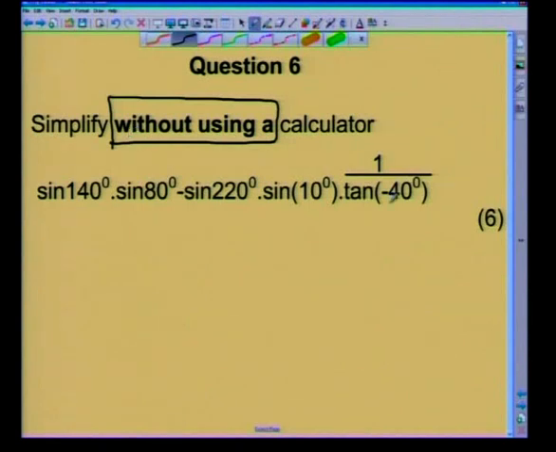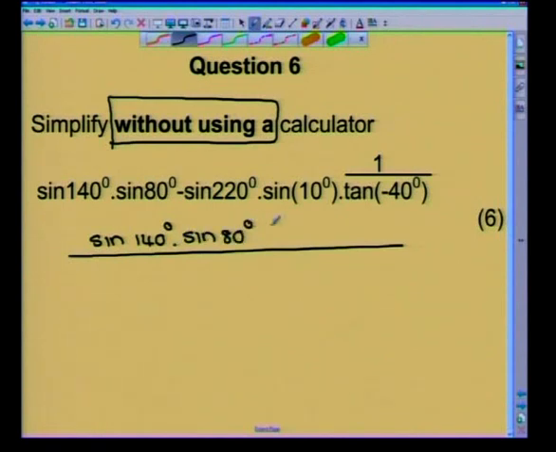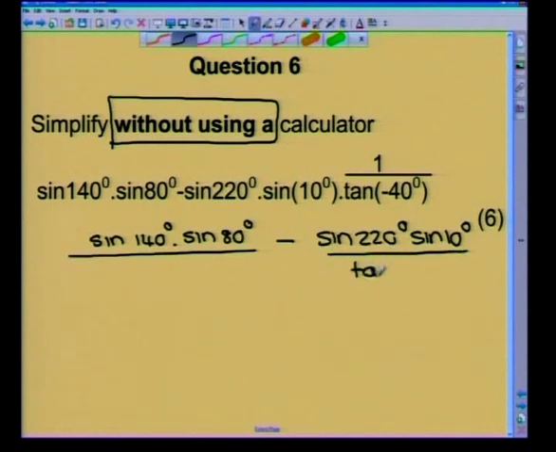Just before I start, this is a tricky way of writing it. In actual fact, this would look less scary if we wrote sine of 140 degrees, sine 80 degrees, minus sine 220 degrees, sine 10 degrees, all over tan minus 40 degrees.